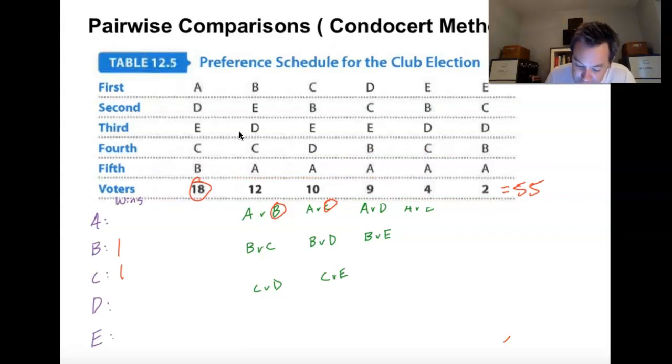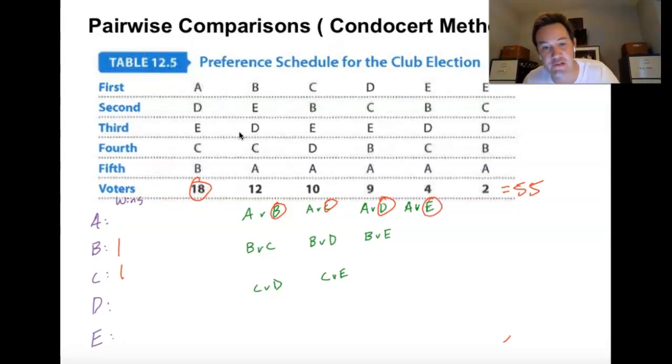A has 18. D gets every other column because A is in last place in all of them. A versus E, same deal. E wins because A is in last place on all but the first column. So we got a win for everybody but A there.